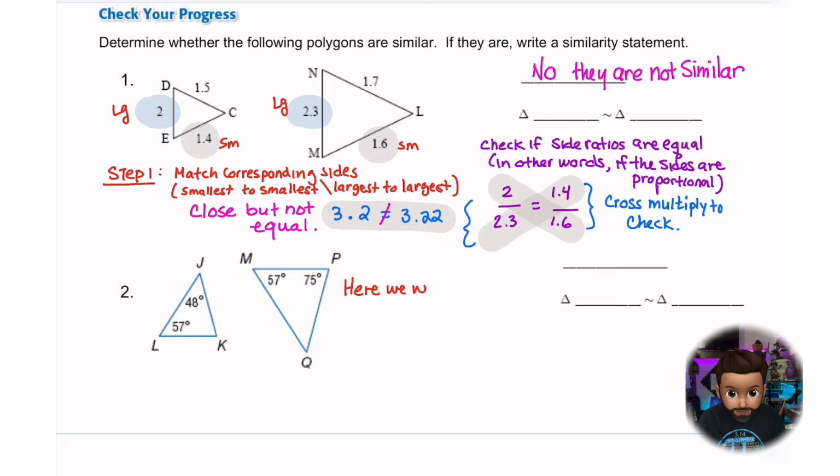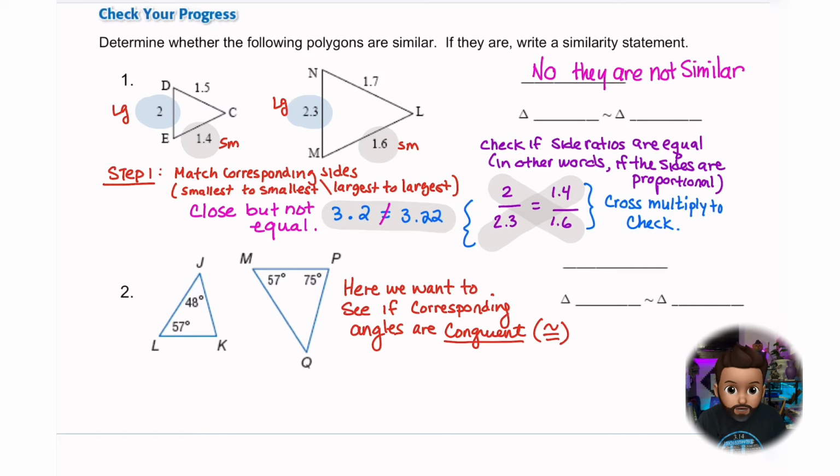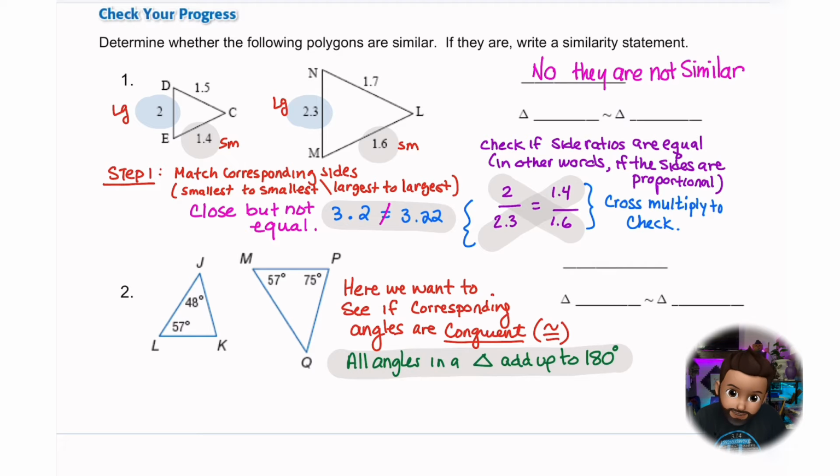In the second example, we have some angles to work with, and because the three angles inside of a triangle always add up to 180 degrees, we can fill in the missing angles in these two triangles and then determine whether the two triangles are similar. What we're going to do is look to see if the triangles have congruent angles. That means that they're the same shape.